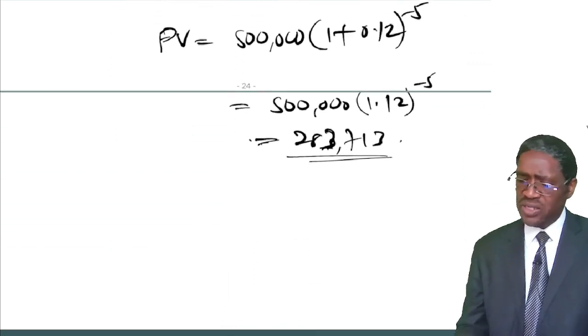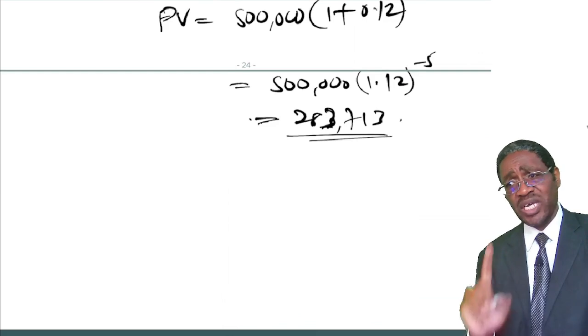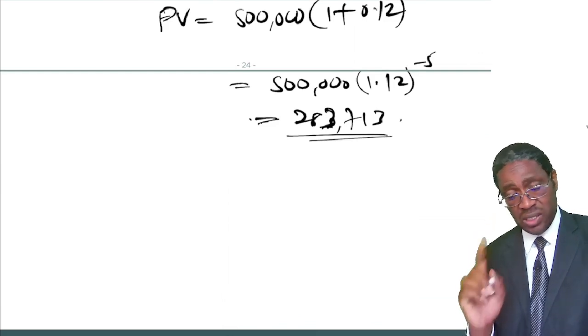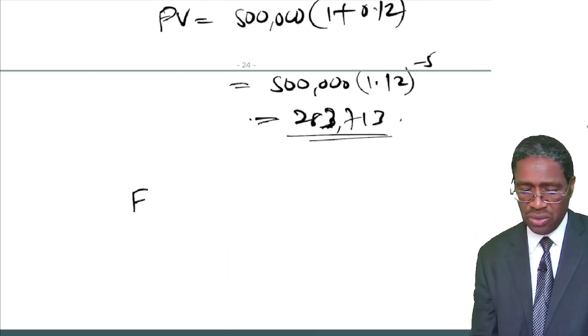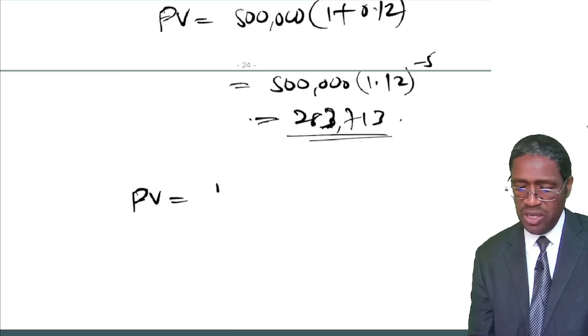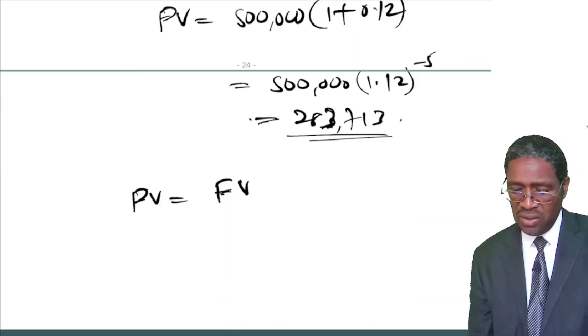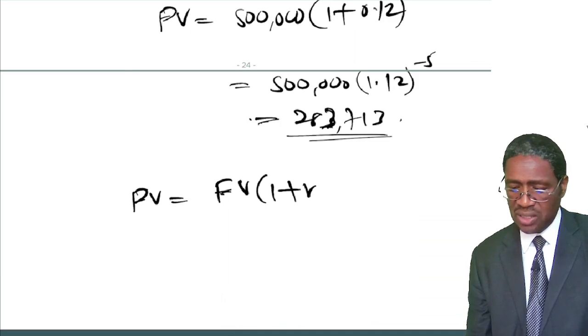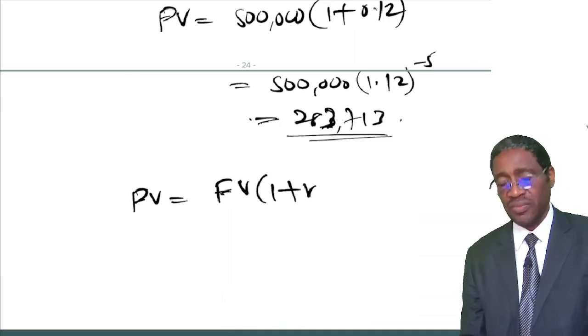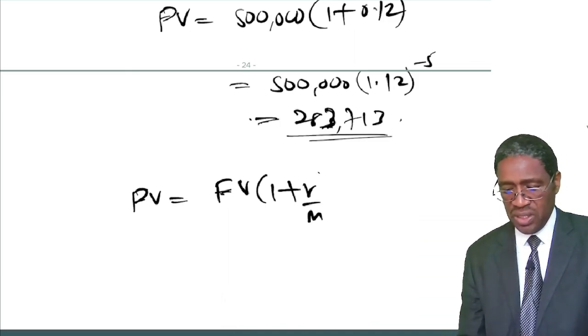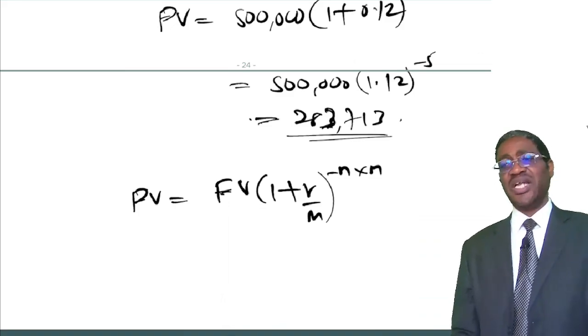But it's obvious, therefore, if compounding is done more than once, then the present value will be future value into 1 plus r divided by m, to the power of negative n times m, just like the other formula.